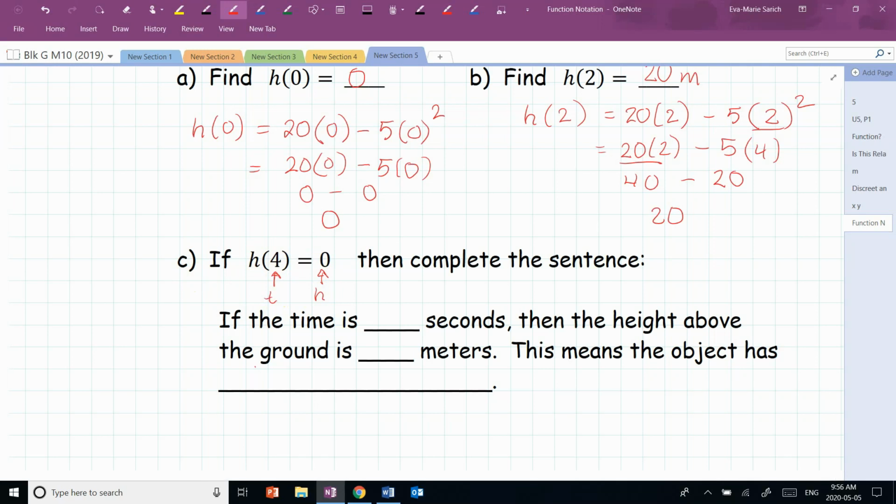Well, think: you're throwing the ball in the air. What happens when you throw the ball in the air? Eventually it comes back down. So if the time is 4 seconds, the height above the ground is 0 meters. This means that the object has hit the ground. It has gone up and come back and hit the ground.